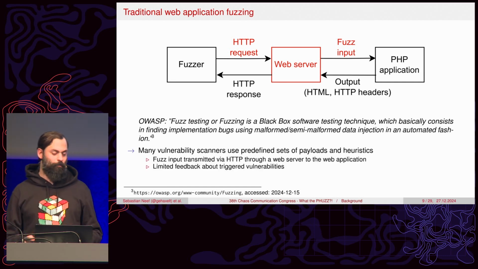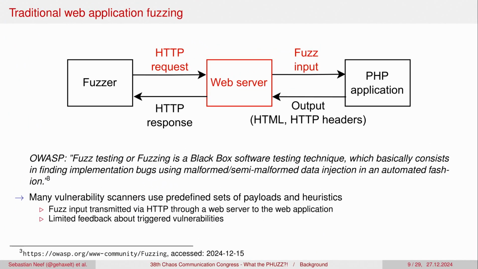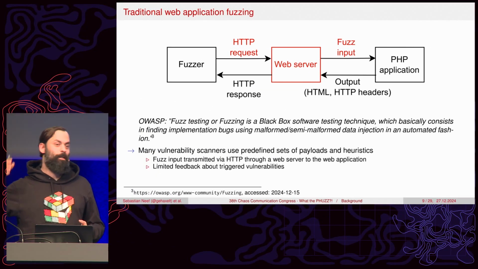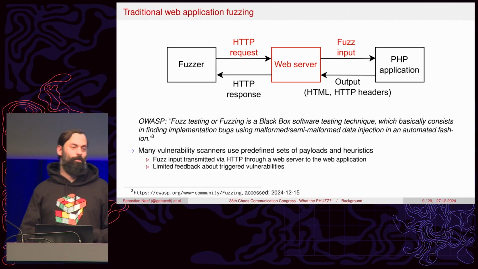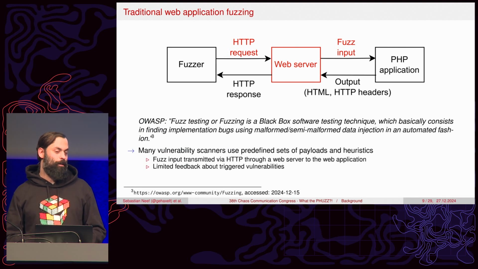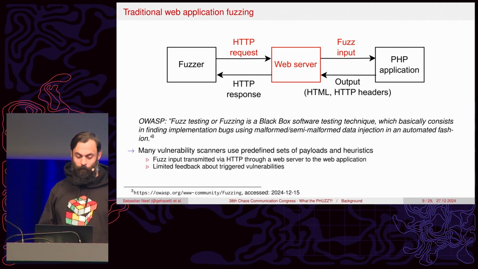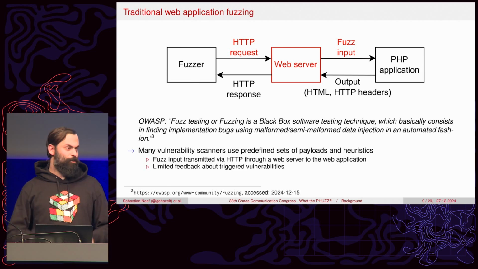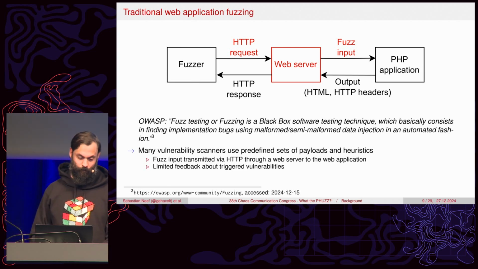So there's limited feedback for the fuzzer about the triggered vulnerabilities, and the fuzzer has to find ways to use a set of predefined payloads or heuristics to send to the application because it has no idea what the potential vulnerabilities could be on the web server side in the application. So traditional fuzzing using the black box approach is a bit limited.